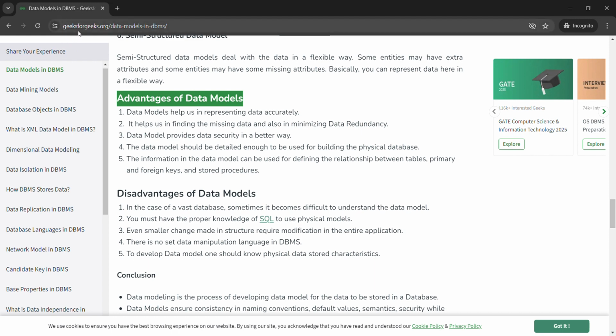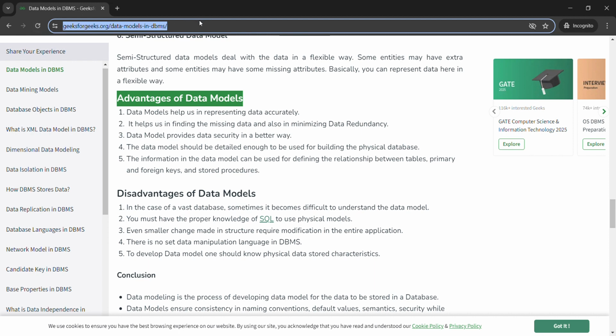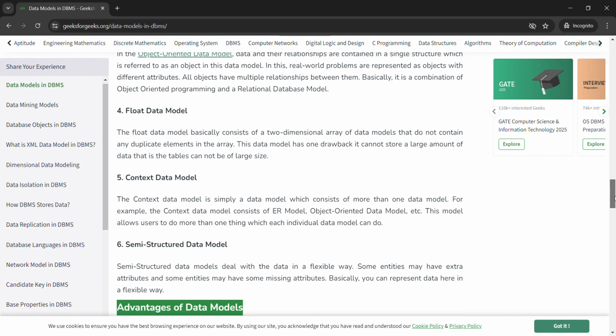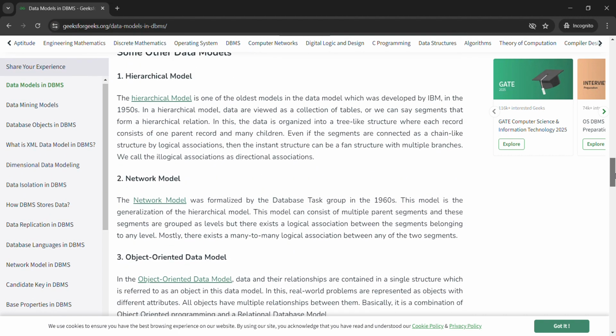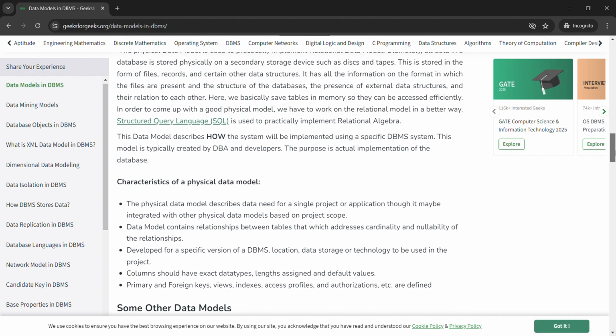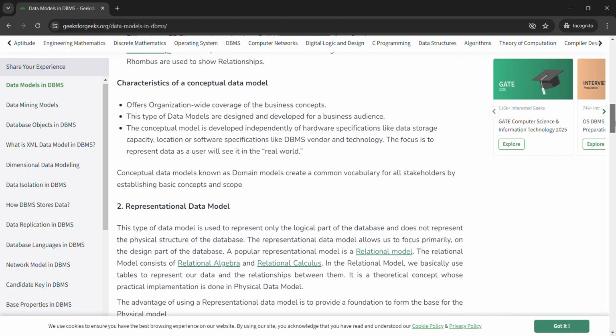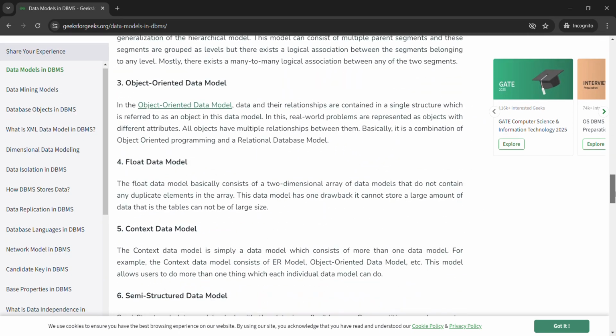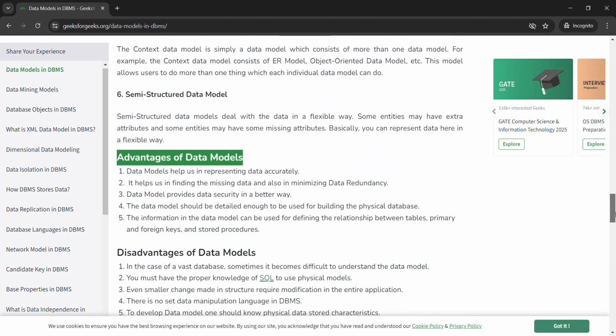This is geeksforgeeks.org, data models in DBMS. You can follow this URL, visit the website, and learn more about the other data models because there are lots of data models. I am giving some overview of the data models today.